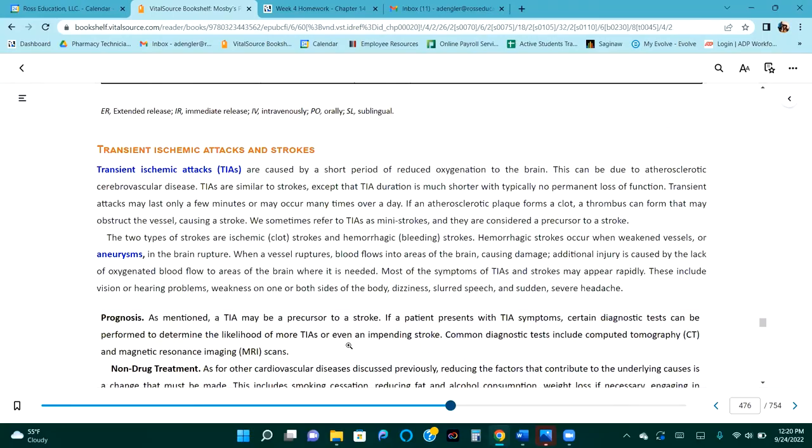Transient ischemic attacks are caused by a short period of reduced oxygenation to the brain. This can be due to an atherosclerotic cerebrovascular disease. TIAs are similar to strokes, except that TIA duration is much shorter, with typically no permanent loss of function.